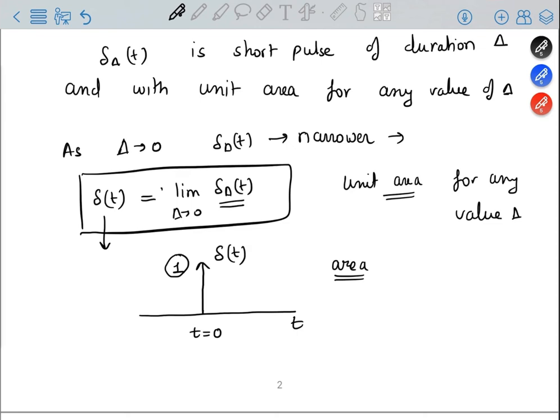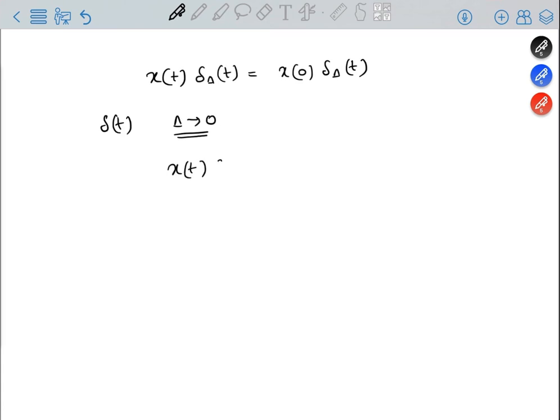Now again we can have the same sampling property as we have seen in the discrete time case. If we multiply our x(t) with this approximate unit impulse signal, we will get approximately the value of the signal at t equal to 0 multiplied with the impulse function. For delta tending to 0, x(t) into the impulse signal will equal the value of the signal at t equal to 0 multiplied with our impulse signal.